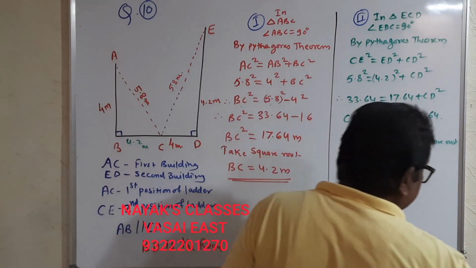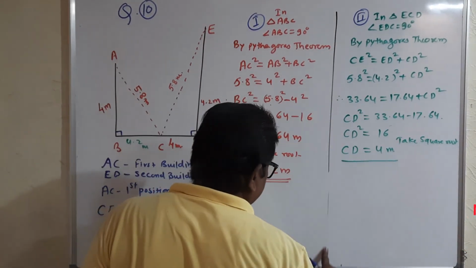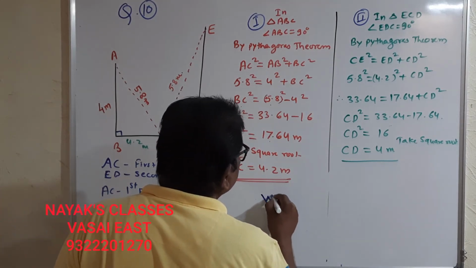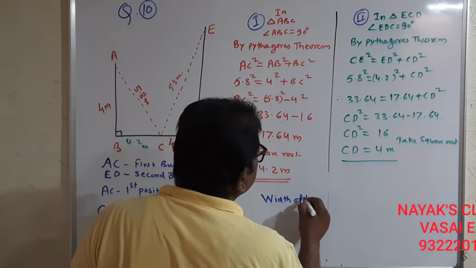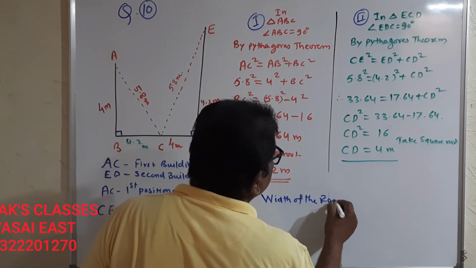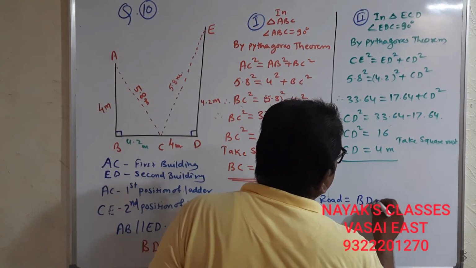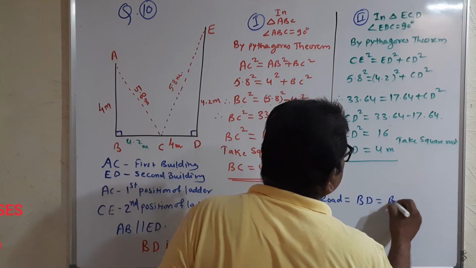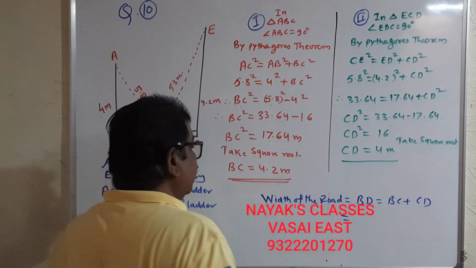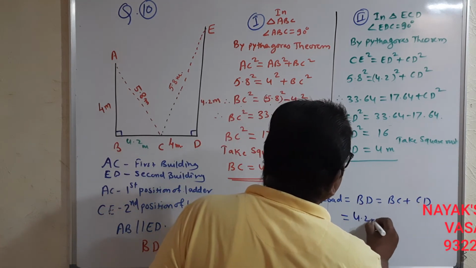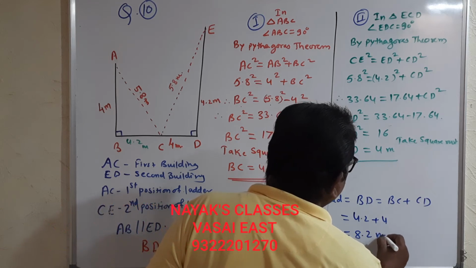So when we add this BC and CD, the width of the road, BD, is equal to BC plus CD, which is equal to 4.2 plus 4, which is equal to 8.2 meters.